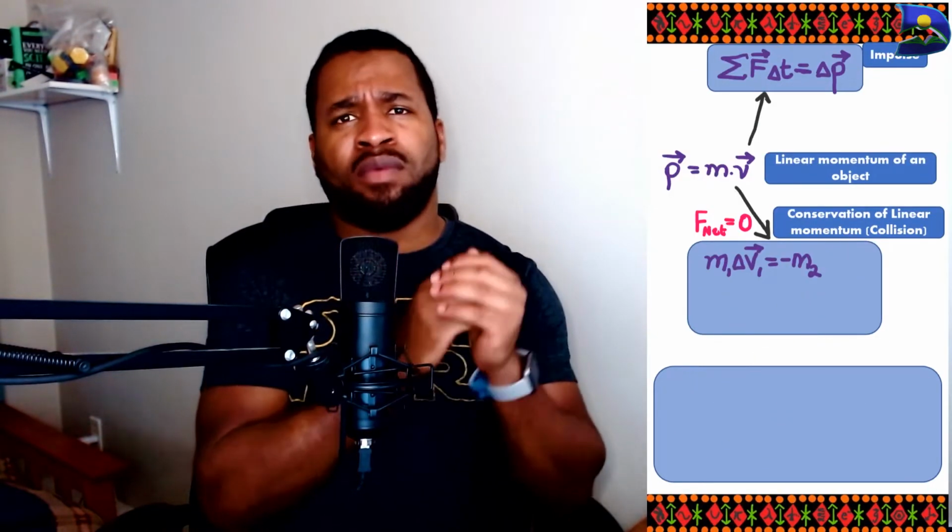But when it comes to looking at context behind momentum, this is where we actually go to look at our goal for today in terms of the keywords. What it means when you're talking about linear momentum. What does it mean when you're talking about impulse?